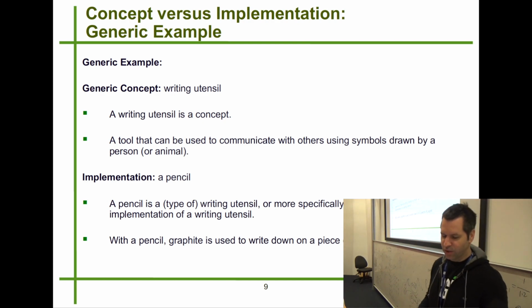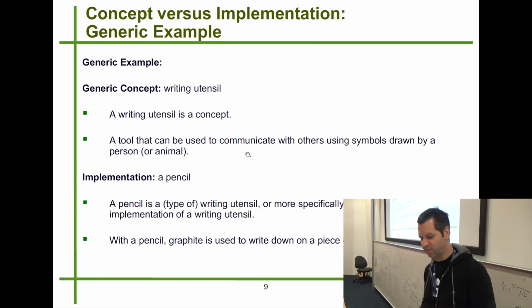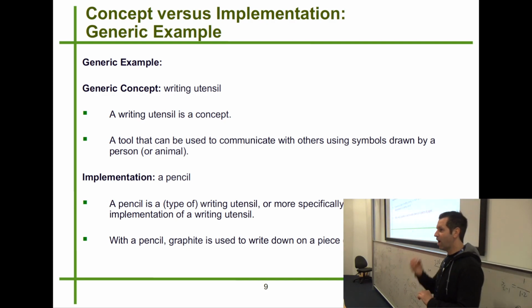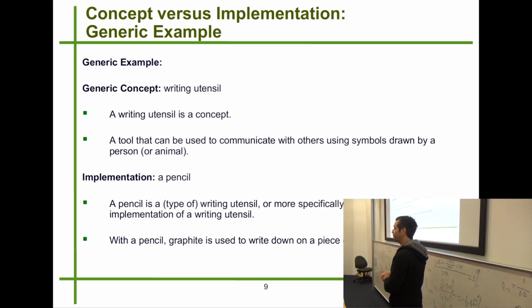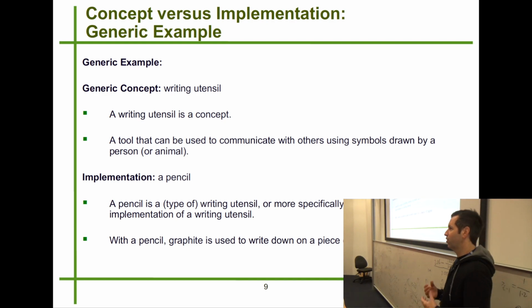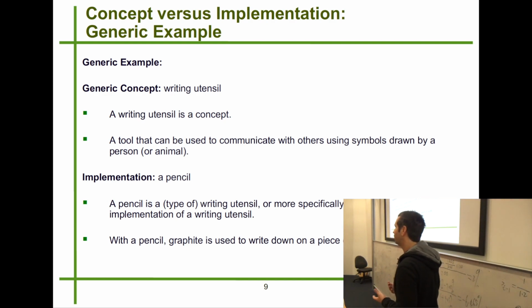And if I try to articulate it, I would say a writing utensil is a concept. It's a tool, and if I want to define it in more precise words, a tool that can be used to communicate with others by symbols drawn by a person, rather than their mouth. That's the concept. And then the implementation is, how do you make that a reality? You construct tools, essentially.